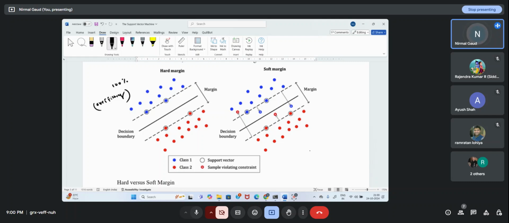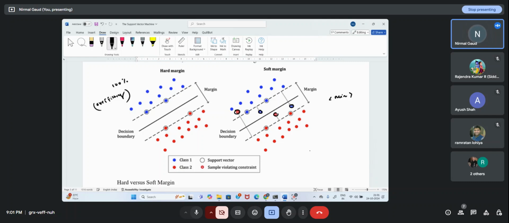Soft margin is a margin where you are allowing mistakes, where you are allowing misclassification also, but minimal. Here you can see the blue point came into the hyperplane region. Red point also came here. Some of the blue points crossed the boundary.